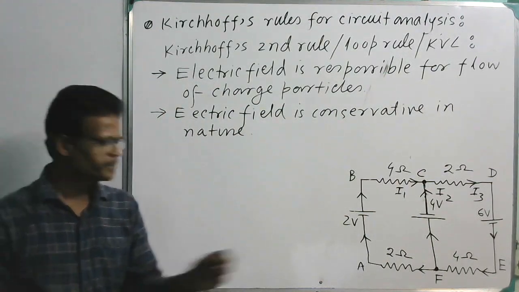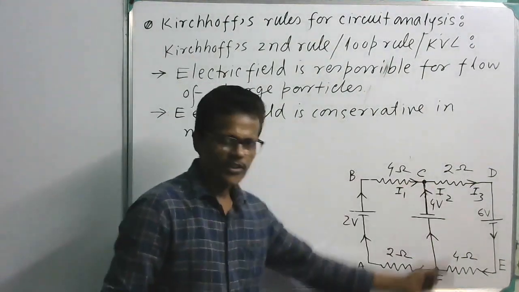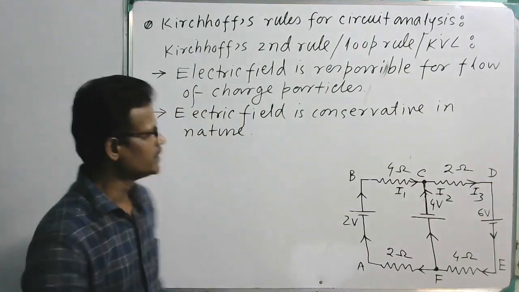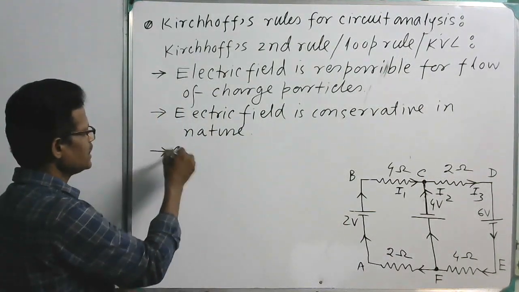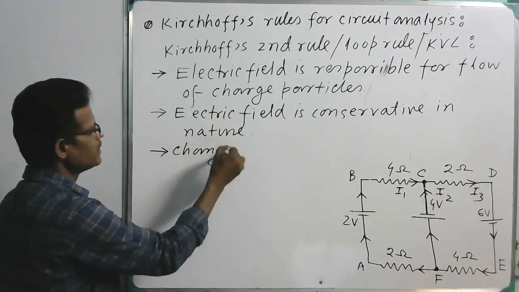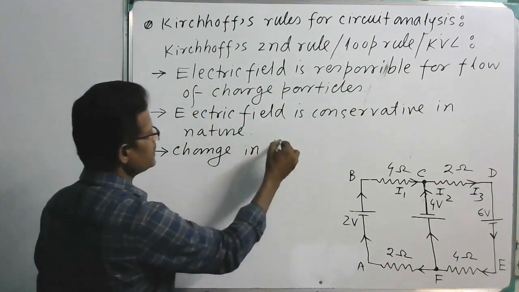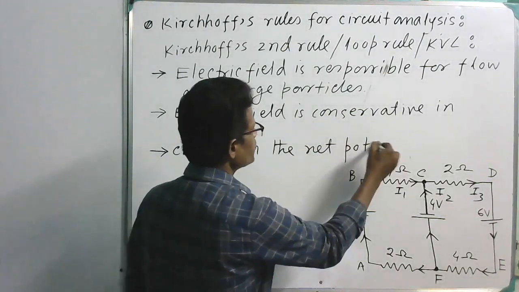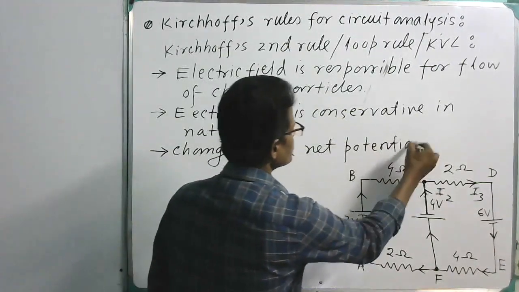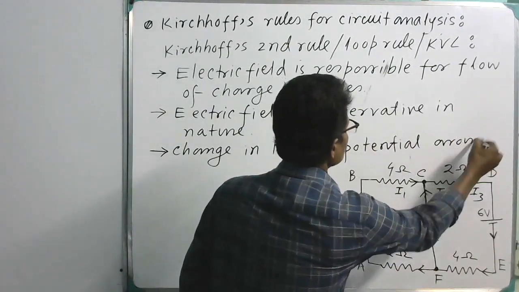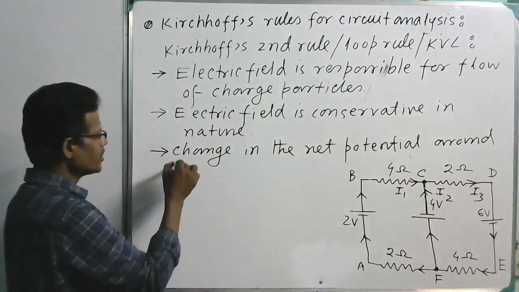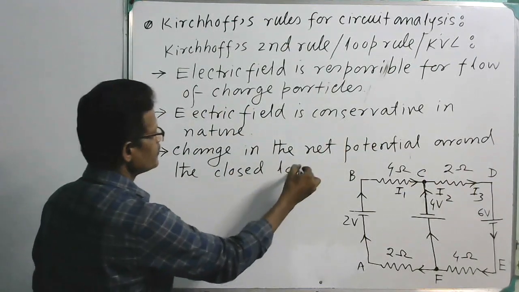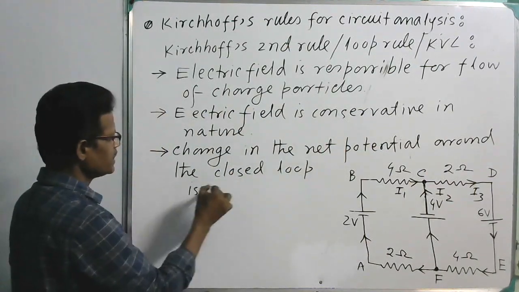That means the change in net potential around the closed loop must be zero.